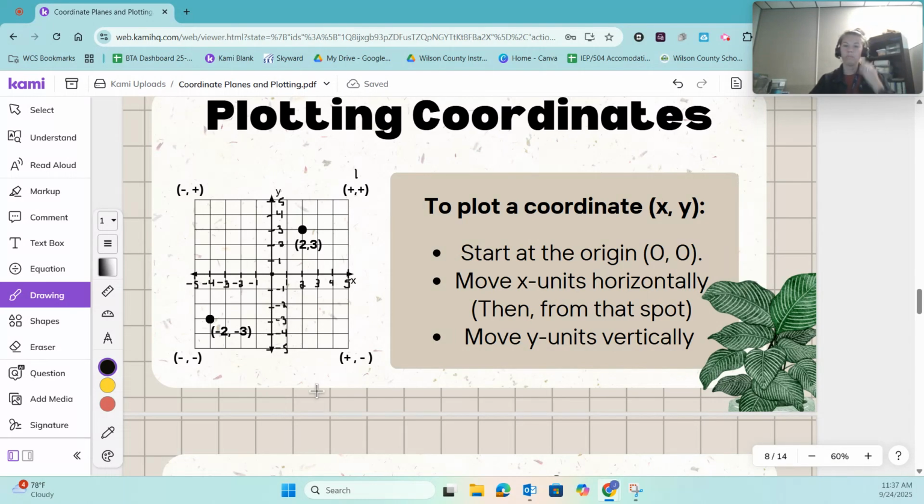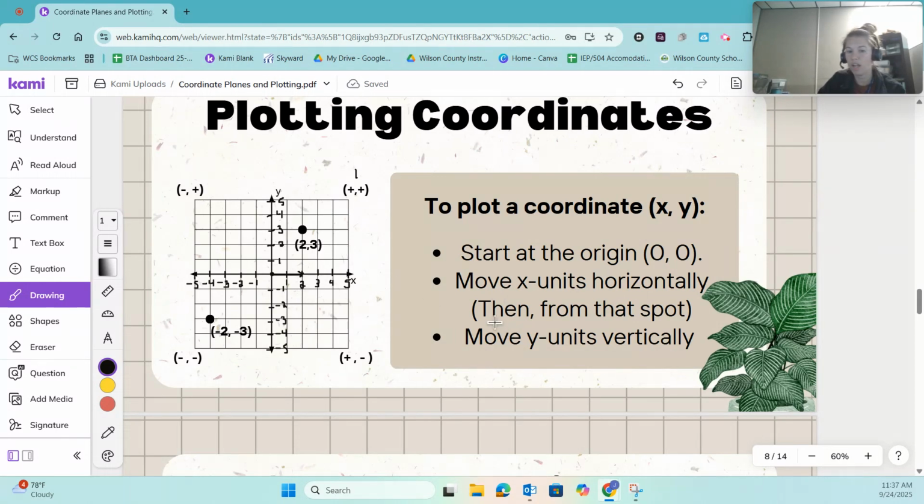When we're plotting these points, we start at (0, 0). Always start at the origin. Then whatever value they give you for x, you go to that spot on your x-axis. In this particular case, they gave me 2 as my x, so we went 1, 2 in the positive direction on the x-axis because it's a positive 2.